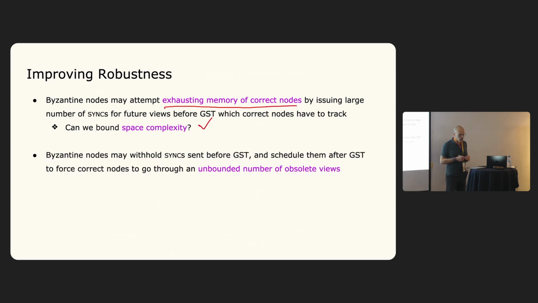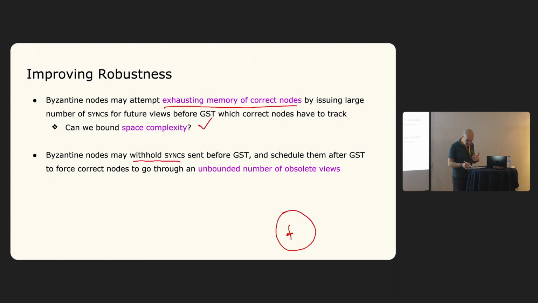Another possible attack the Byzantine nodes can mount is to withhold some syncs sent before GST and then schedule them after GST. We may have a situation where there are f correct processes who got to some very advanced view, but because messages are being delayed, they can't yet proceed.